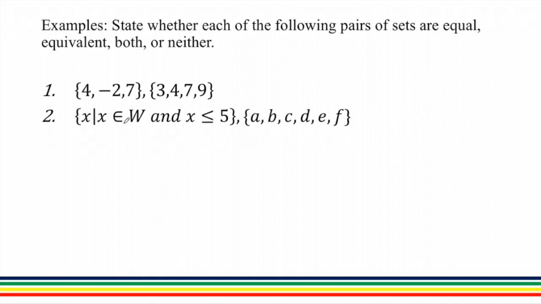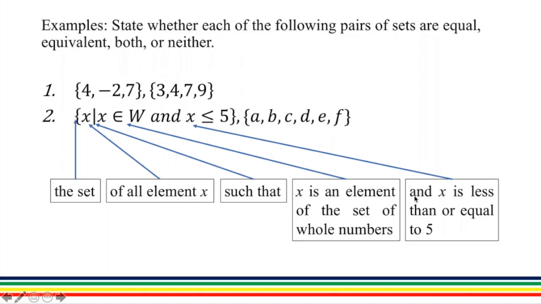So, neither. Next, the set of all elements x such that x is an element of the whole numbers and x is less than or equal to 5. What are the whole numbers equal to or less than 5? We have 0, 1, 2, 3, 4, and 5.